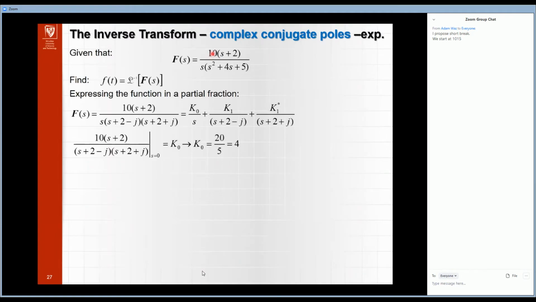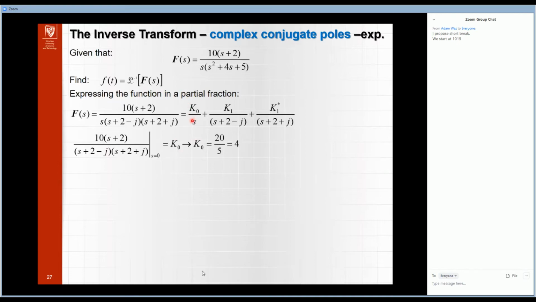So we can rewrite this part of the denominator as s plus 2 minus j, and the conjugate for this, and s is of course the same. Now we try to find this factor, and the factor Q1 and its conjugate.